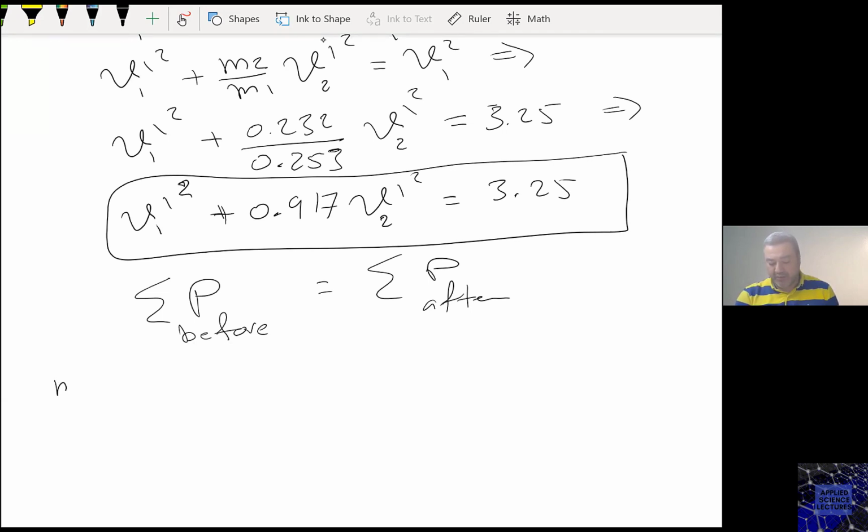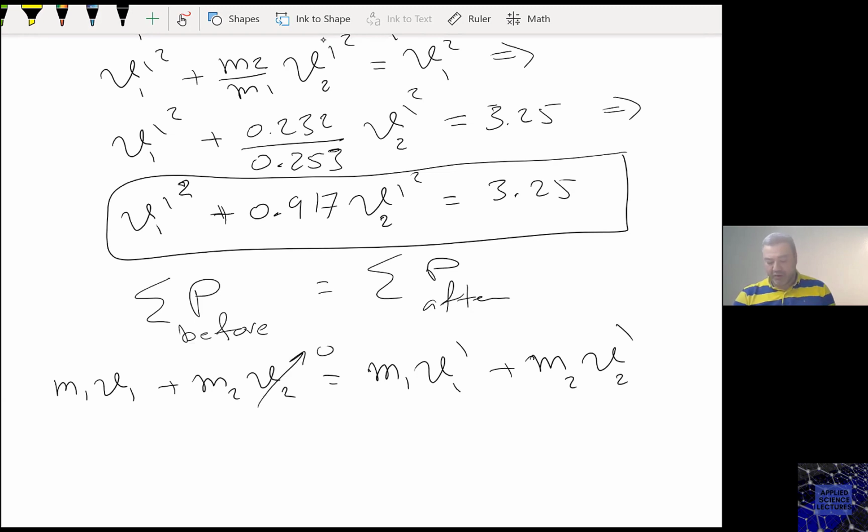So I have M1 V1 plus M2 V2 equals M1 V1 prime plus M2 V2 prime. This is 0.